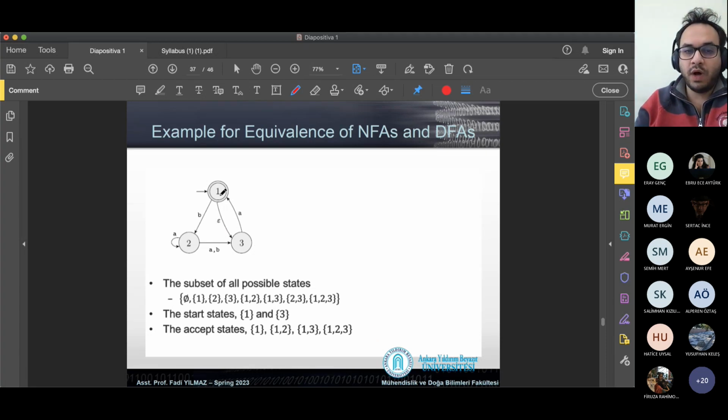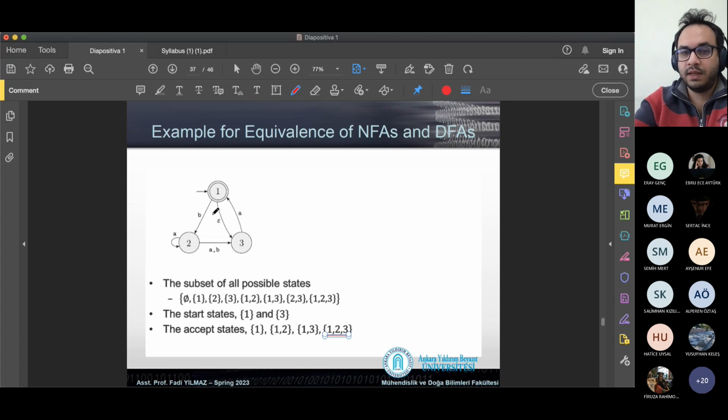Accept states are, guys, 1, of course. 1 or 2, which means that you are on 1, right? 1 or 3, which means that you're on 1 as well. And 1, 2, 3. But why not 2, 3? Yeah, 2, 3 is not an accept state. That's fine, because after you are on 2 and 3, you can't go back to 1, right? That's why 2, 3 is not accepted.